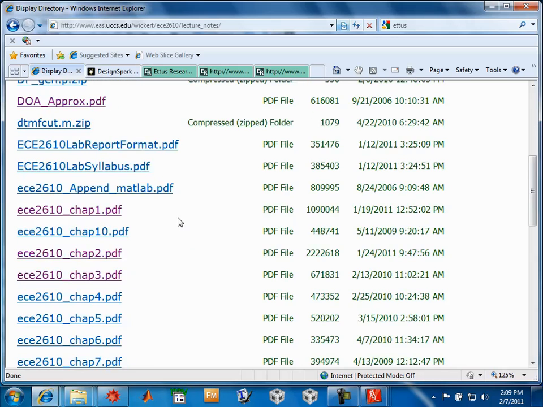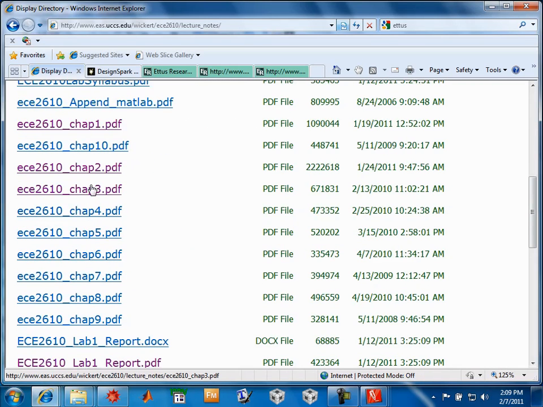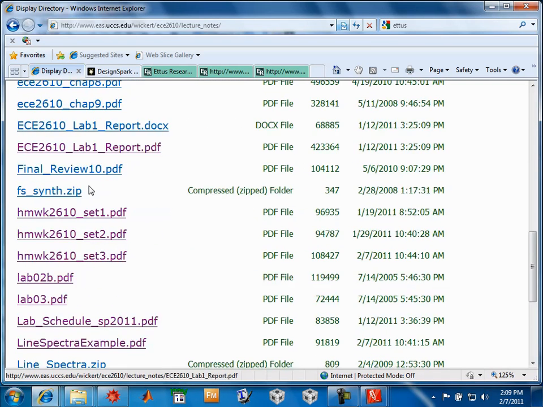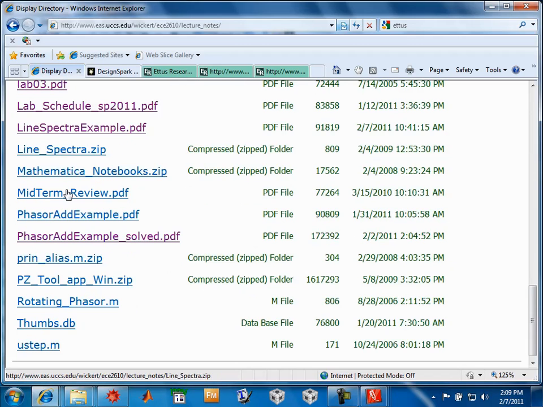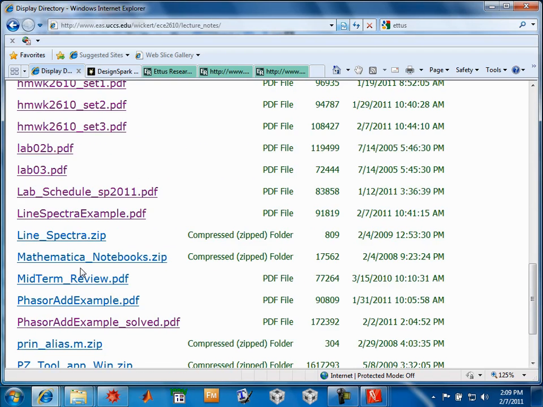So here you can see everything. A lot of this stuff is linked to the web page, but sometimes I don't have links for everything because that just clutters things up. It's worthwhile at times to go rummaging around in here. You'll see some things that we haven't come to, like last year's version of the midterm review, but it's available. Rotating phasor, some of the other little examples that I go through are in here.